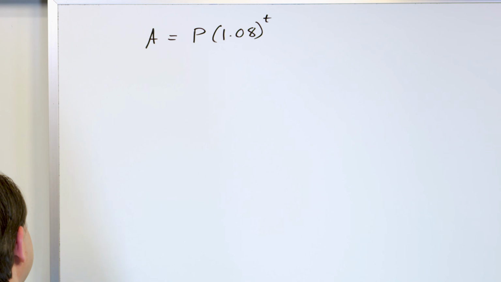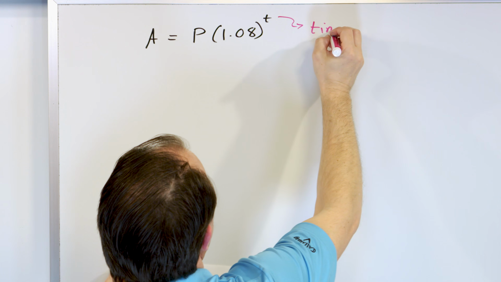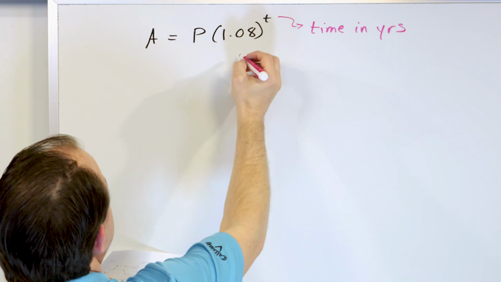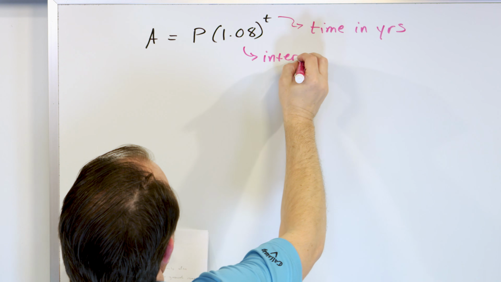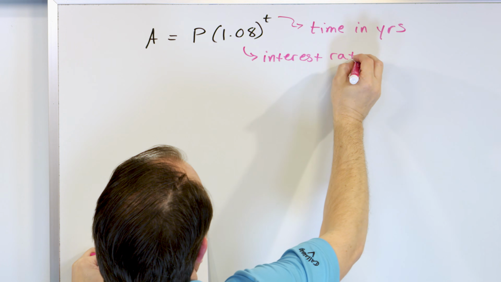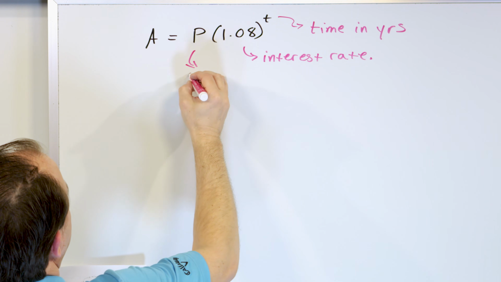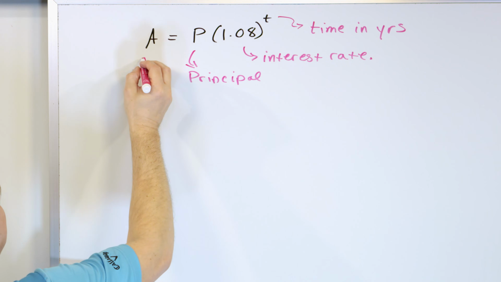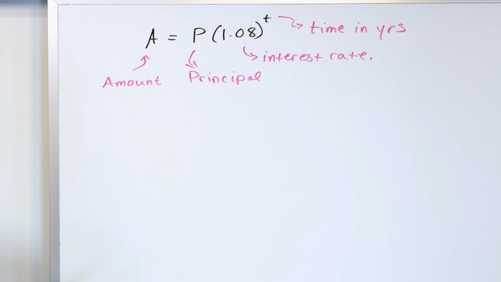So it's really important to study this. This t is time in years, right? This is called the interest rate. Specifically, the 0.08 part of it is the interest rate. The P is called the principal. And the A is called the amount. That's the amount of money I'm going to have total.